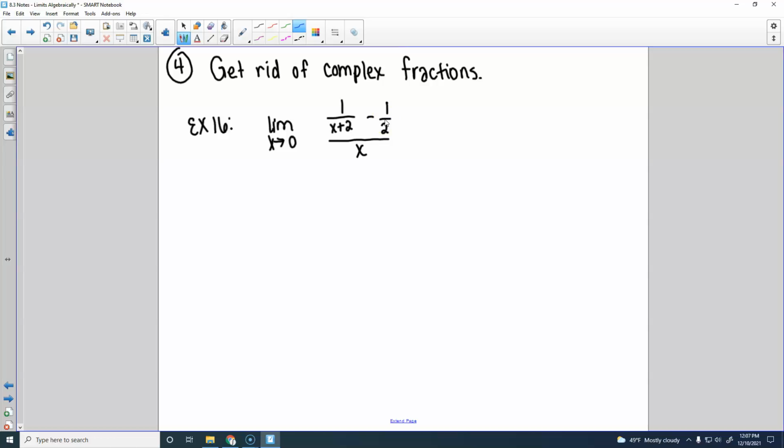We need this to not be a complex fraction. So I can think of just this numerator here at first, and I need to get common denominators there. I could do that by multiplying this term by 2 on top and bottom, and this one by x plus 2 on top and bottom.